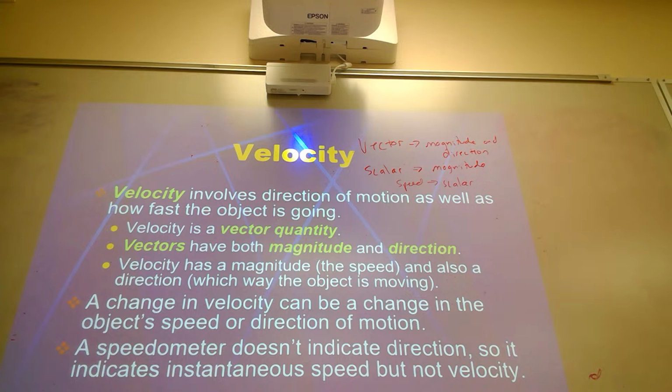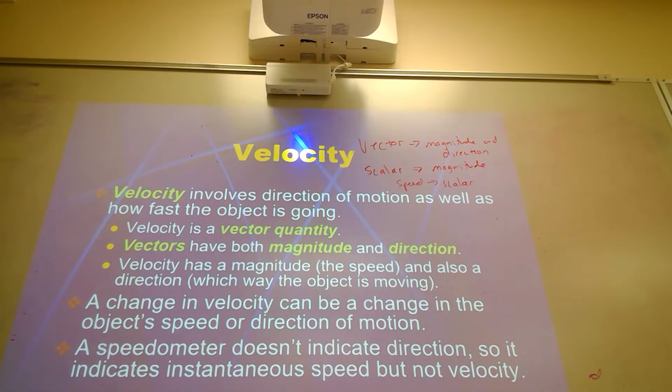So velocity is fundamentally different from speed, but the instantaneous speed at any time is the magnitude of the velocity. So if something's moving 20 miles per hour east, the speed is 20 miles per hour, and the velocity is 20 miles per hour east. So to get the magnitude of the velocity, you do use the magnitude of the instantaneous speed.